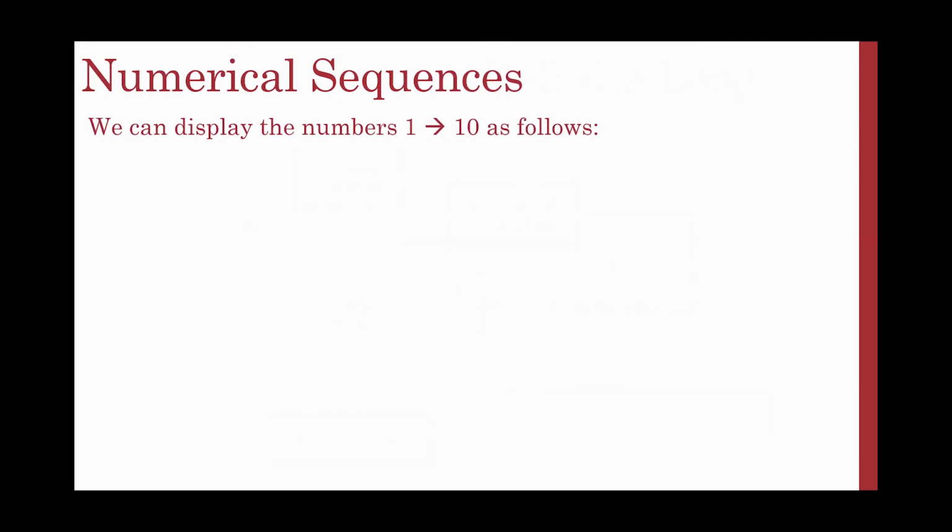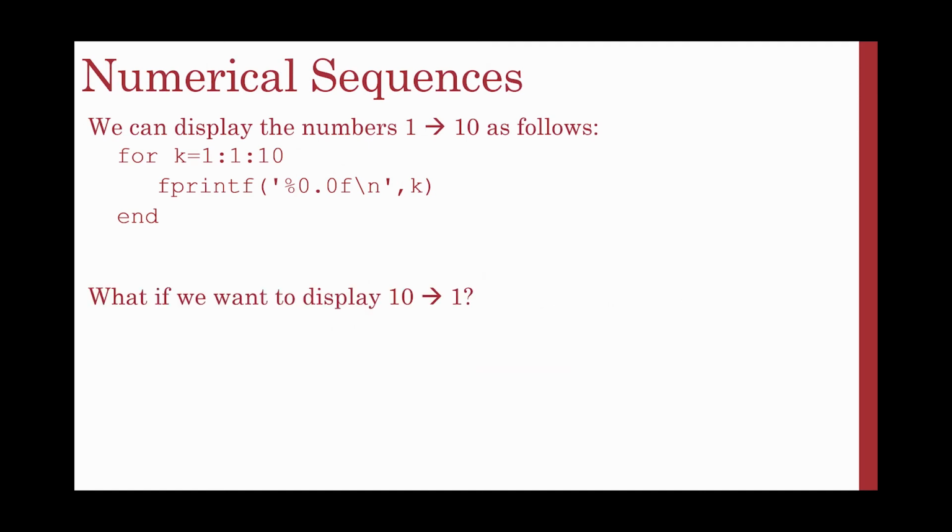So we're going to look at how we can use a loop to make a numerical sequence. We can display the numbers 1 to 10 as follows. We can say for k equals 1:1:10, print the value of k, and that would count from 1 to 10 in our integers. If we want to display 10 to 1, we can say for k equals 10:-1:1, so it can count backwards as well.